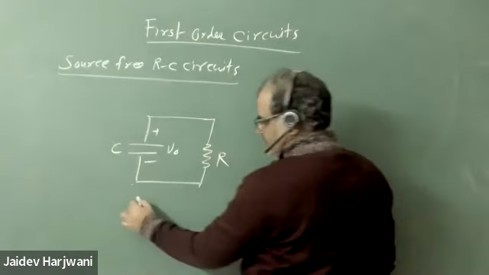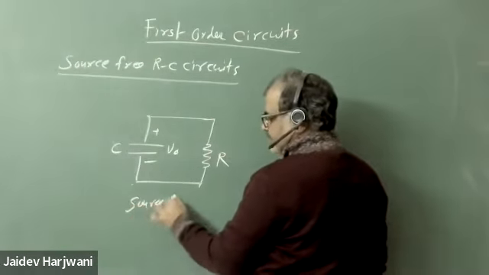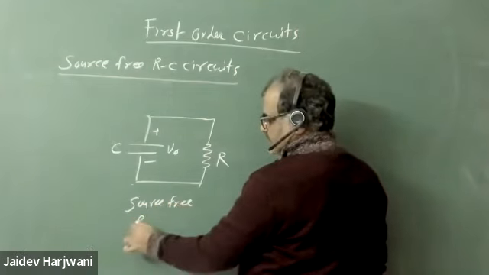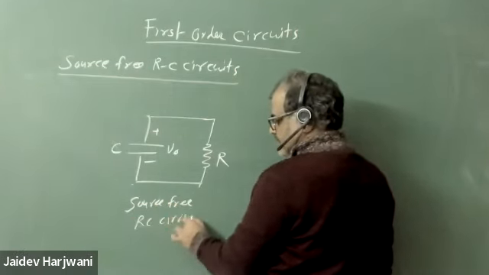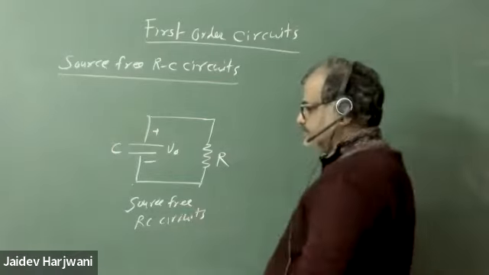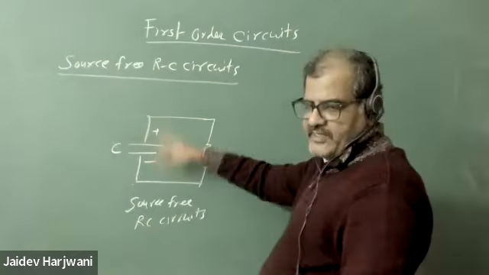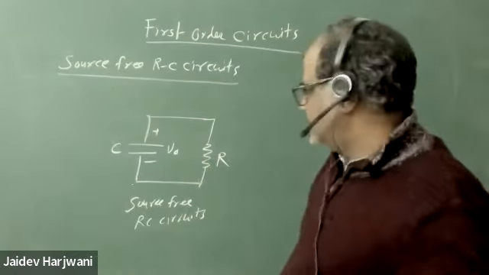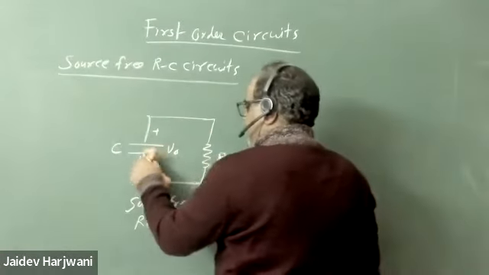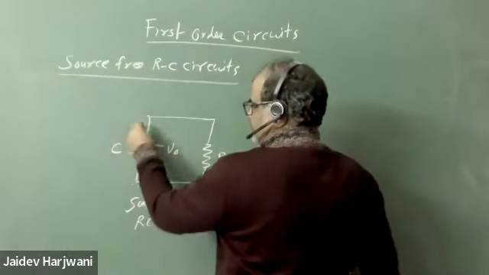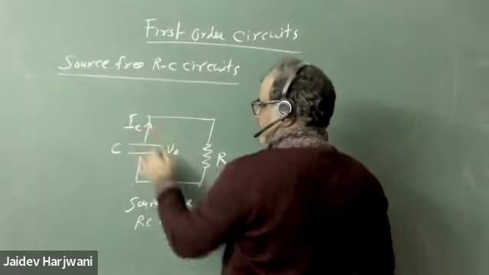So now it becomes a source free RC circuit. Now this capacitor will discharge. When it discharges, a current will flow through this capacitor.